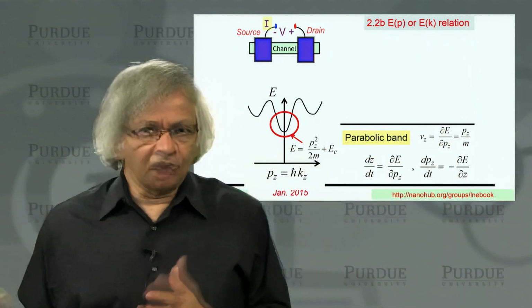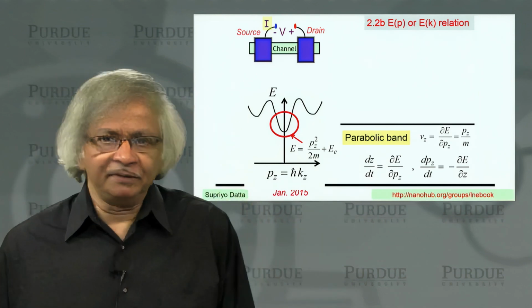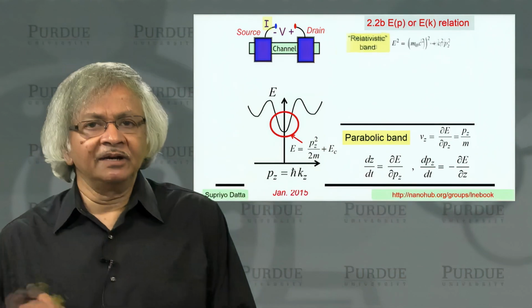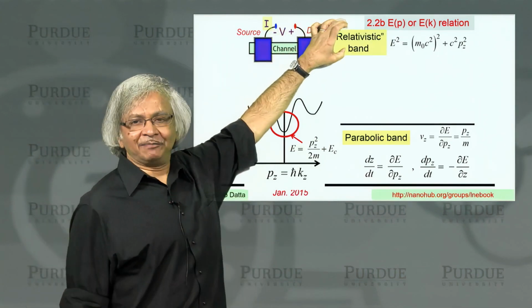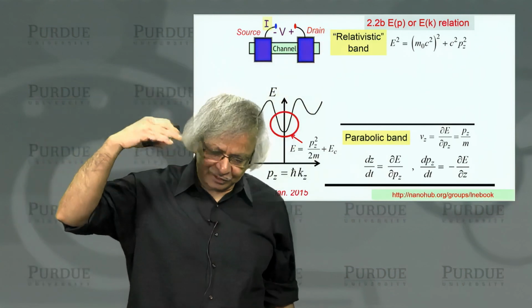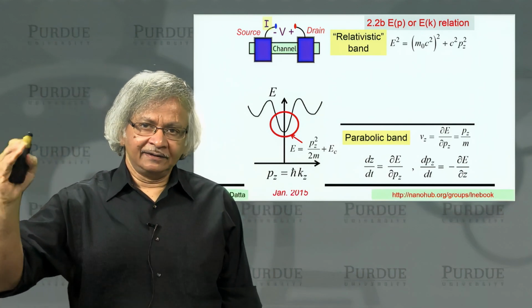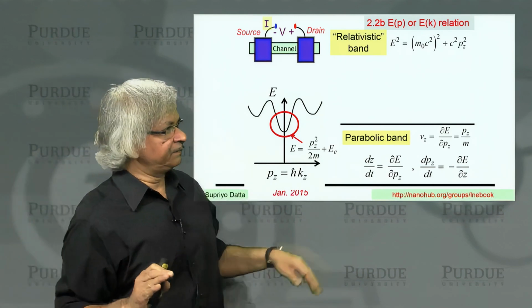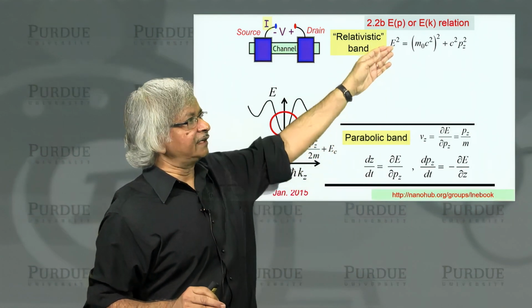On the other hand, if it was non-parabolic, though, this wouldn't have worked out. I mean, you wouldn't get P equals mv. So one common example is what sometimes people call a relativistic band. That is, actually, even in vacuum, when electrons are traveling very fast, close to the speed of light, then the energy momentum relation instead is not E equals P squared over 2m, but rather it has this form.